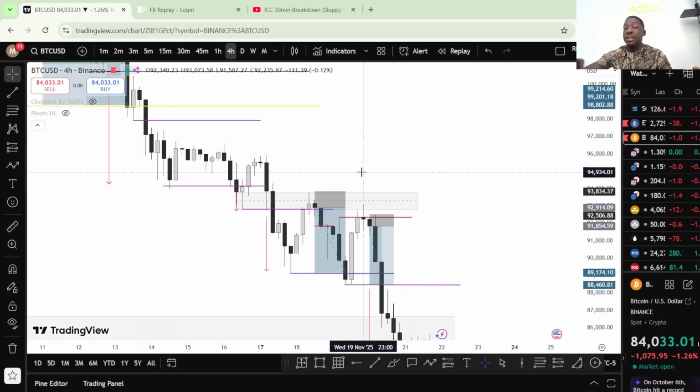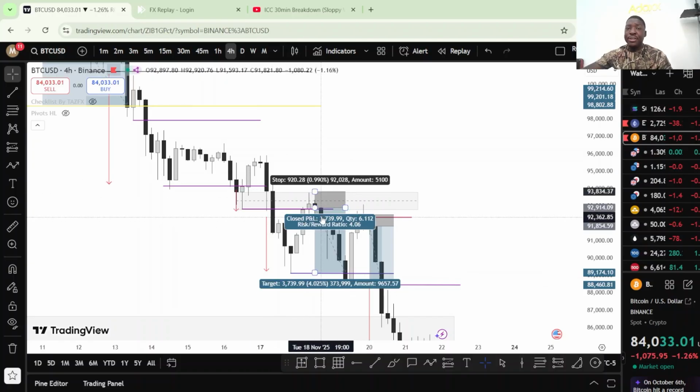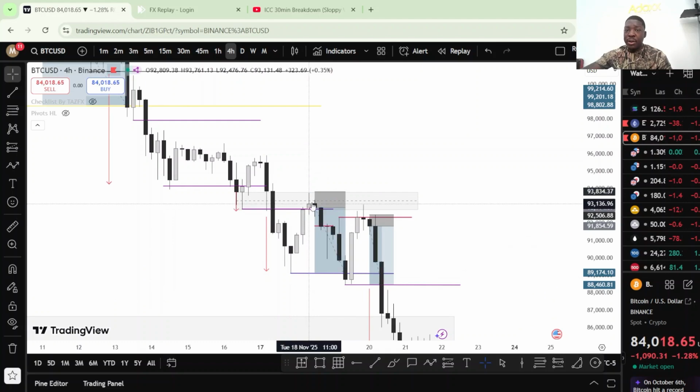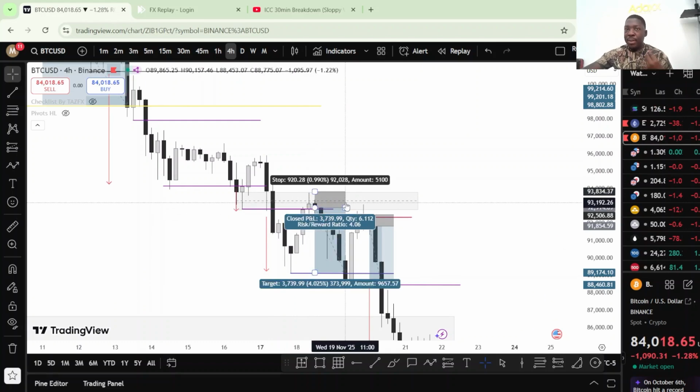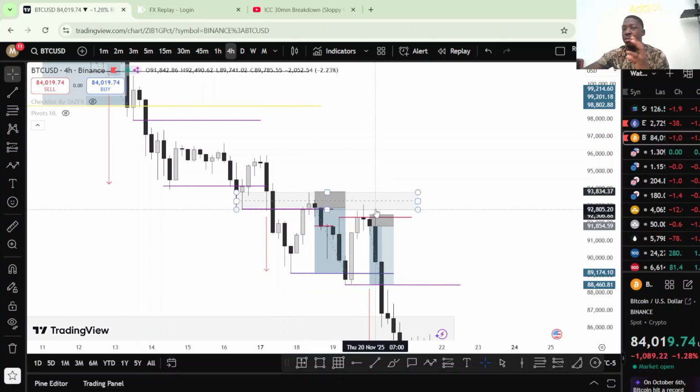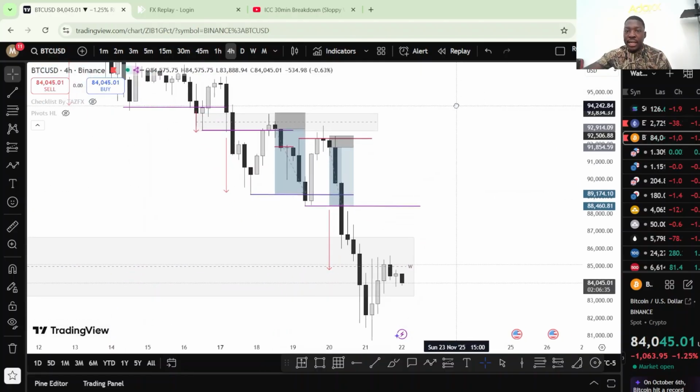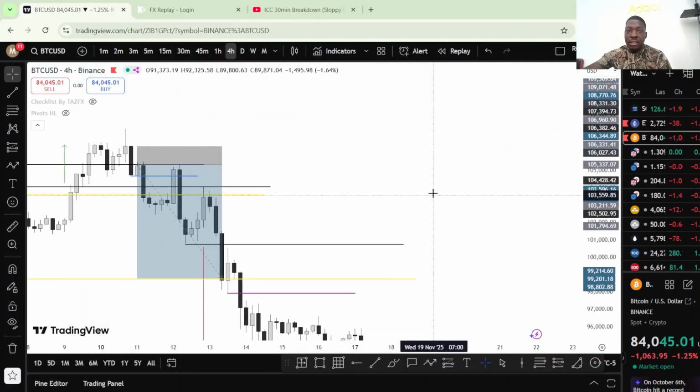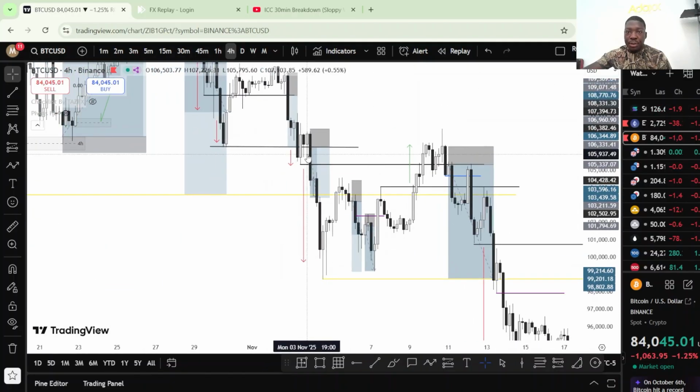That's what I did as a beginner. But now sometimes, for example here, price didn't close all the way inside, but I still found my trade because I've backtested it enough and I know how things work. But to be on the safe side, your best bet is once the candle closes within that level, no matter how tiny or how big the level is. For example, here, see how tiny this level is. Price closes within, that's why I started for my sells. Boom, and I found my sells.